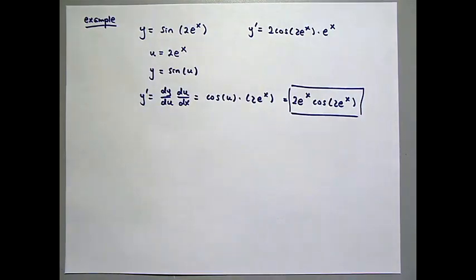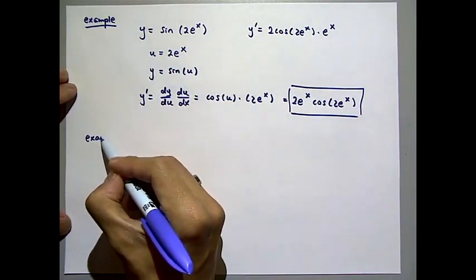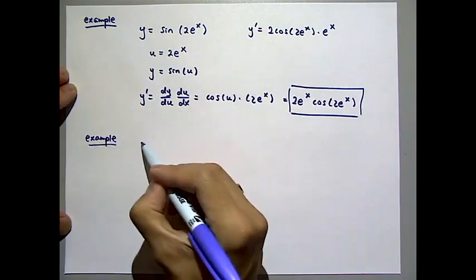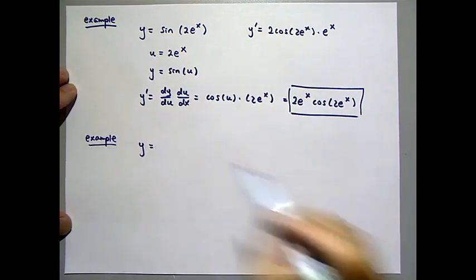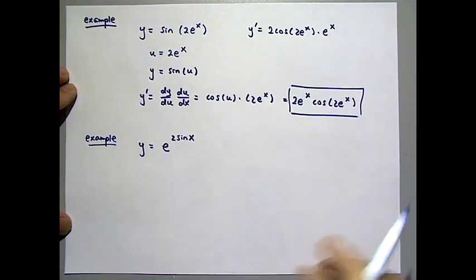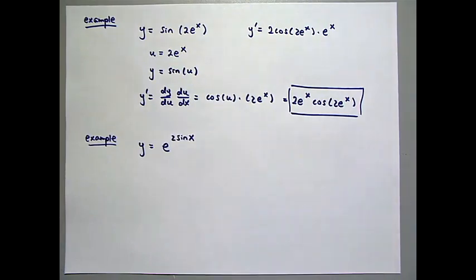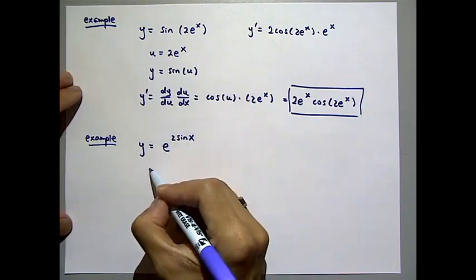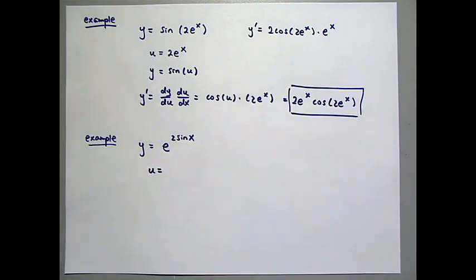Okay, good, good. Now let me tweak this function just a little bit. Let's do this: e to the power of 2 sine of x. What would you let u be? 2 sine of x?